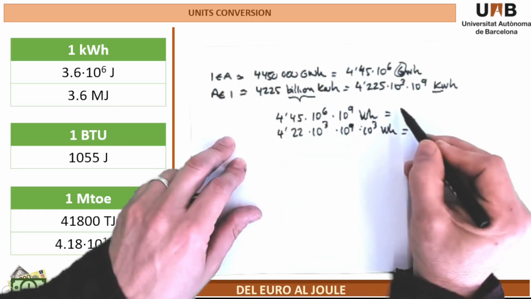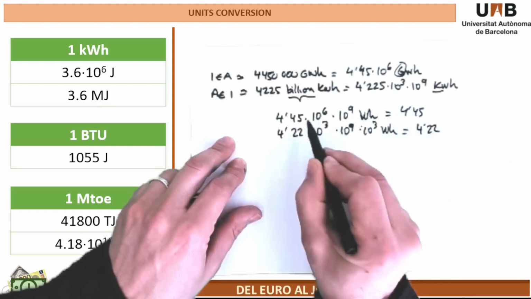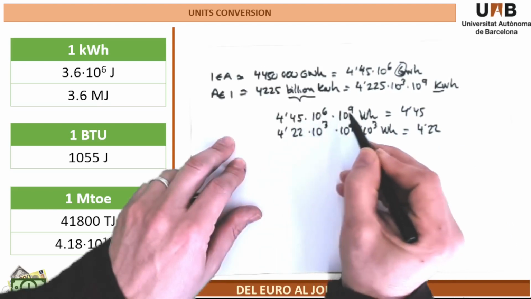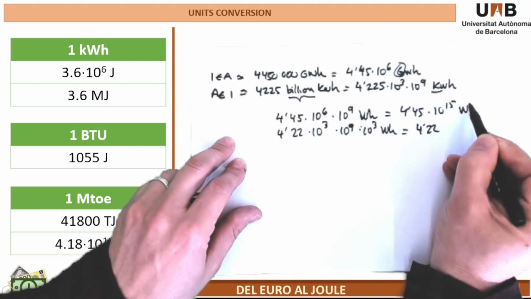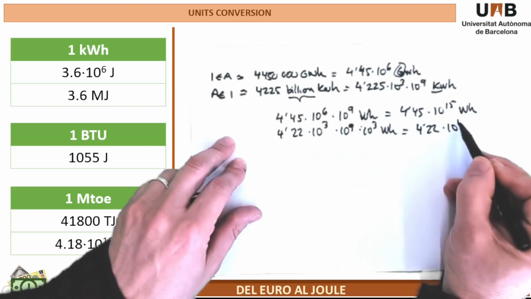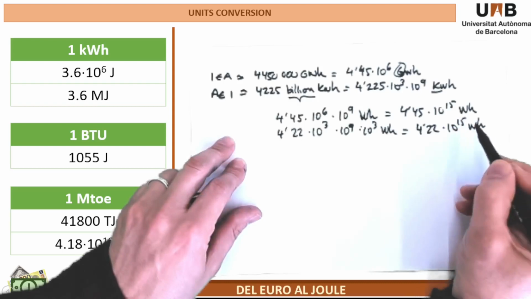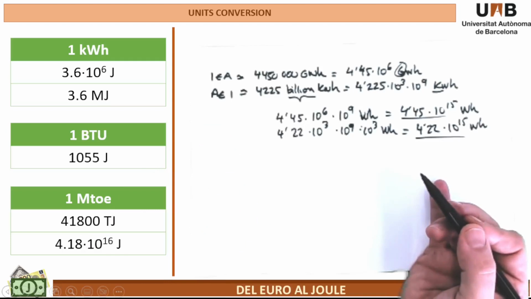And in both cases we get the same exponent. In this case 6 and 9 is 15 watt hour, and here 9 and 6 once again is 10 to the 15 watt hour. So once again we get the same values.